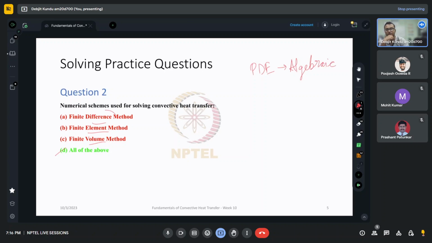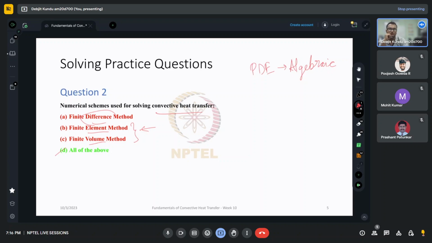We have learned finite difference techniques in the lectures that we have covered, but there are other methods also to discretize the governing equations of convective heat transfer. So that's why it should be all of the above. All A, B, and C are different numerical schemes which are used for solving problems involving convective heat transfer. Okay.